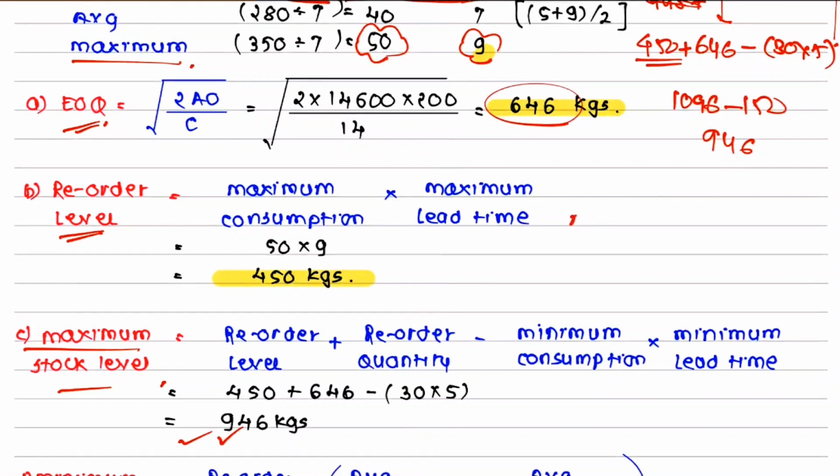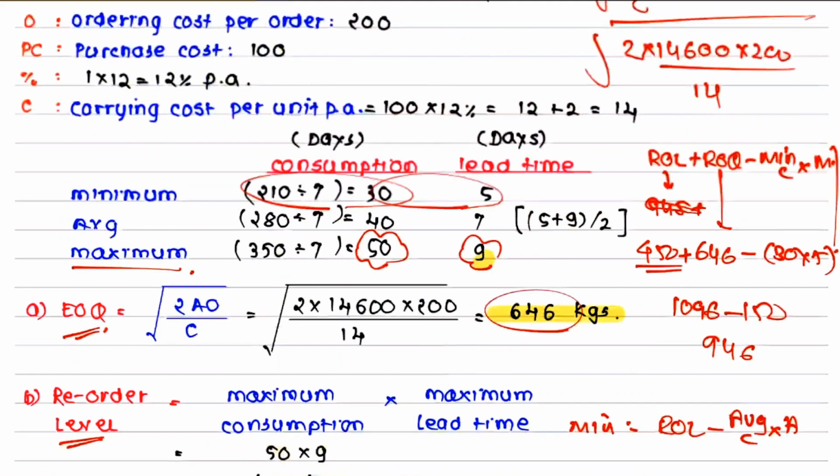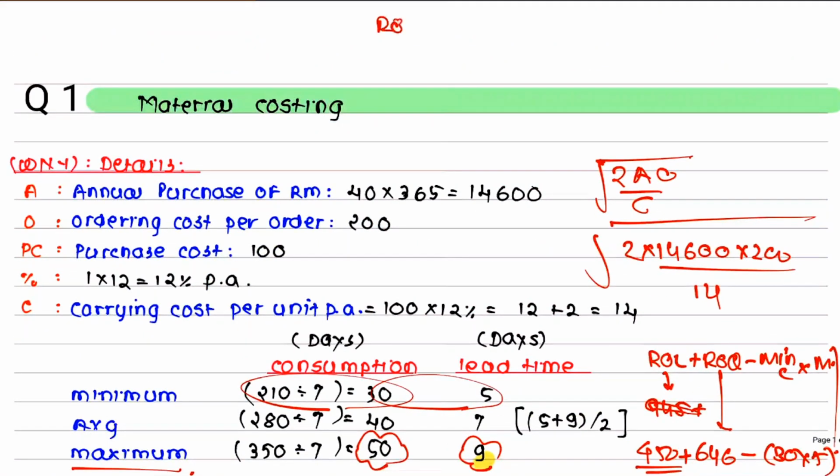Again, if you remember the minimum stock level formula, ROL minus the time that goods take to arrive, that is average consumption into average lead time. Formulas should be remembered like this. ROL means maximum consumption into maximum lead time, then there was minimum stock level and maximum stock level. Then you have to write ROL, the logic was discussed.